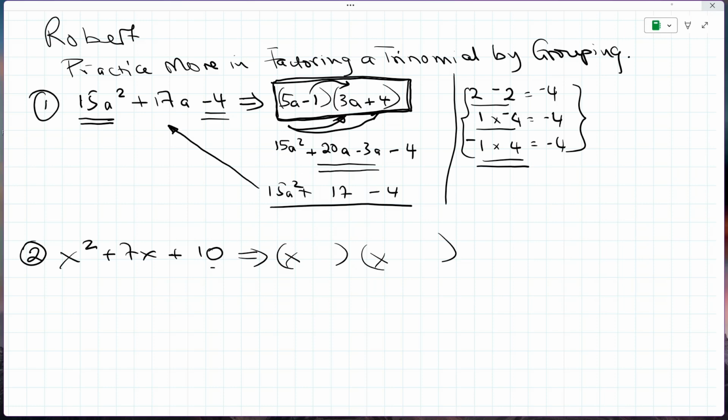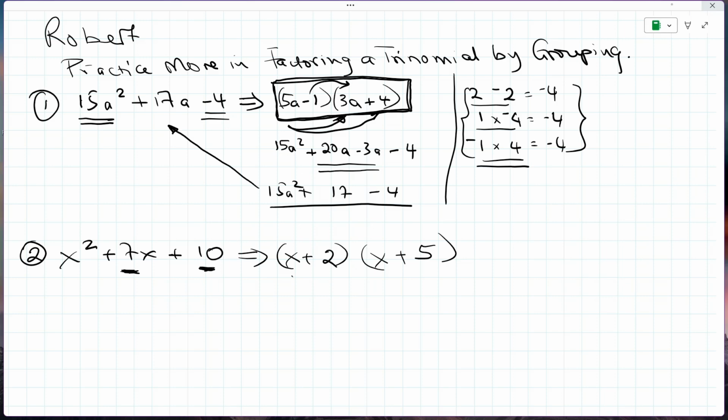And then we have to look for two numbers which when multiplied together will give us 10. But when we add them together, we should get 7. And clearly that should be 5 and 2. So that really doesn't matter where you place them. 2 can be here, 5 can be there. They all have to be positive.